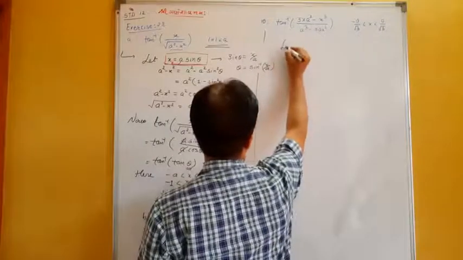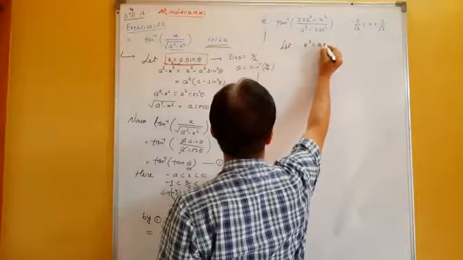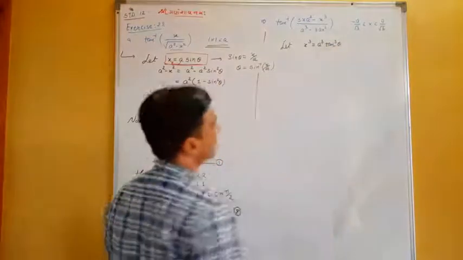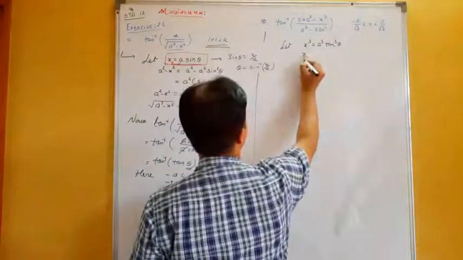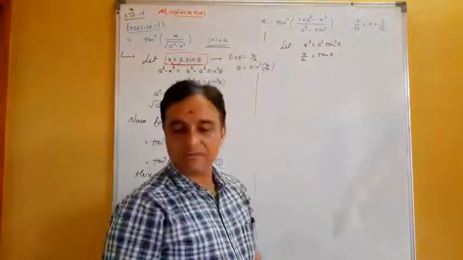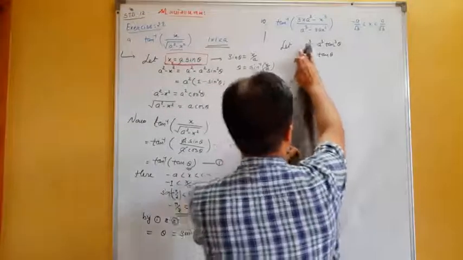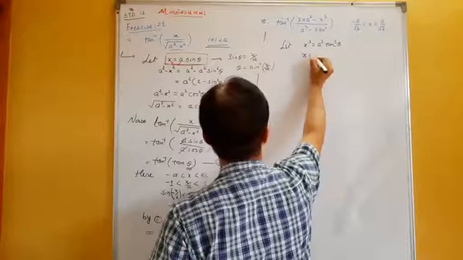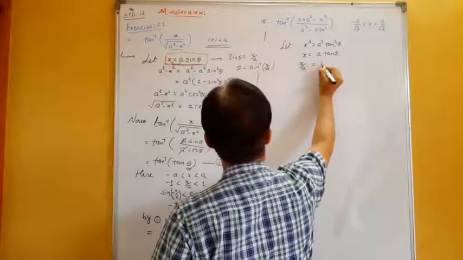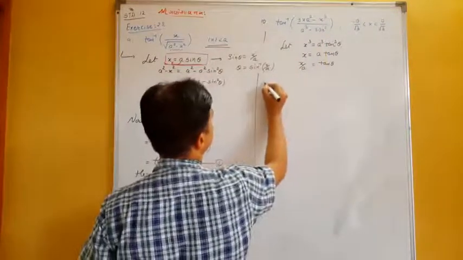So here let x cube equal to a cube tan cube theta, or x by a equal to tan theta, or x equal to a tan theta. So what happened? x by a equal to tan theta. Now substitute that value.